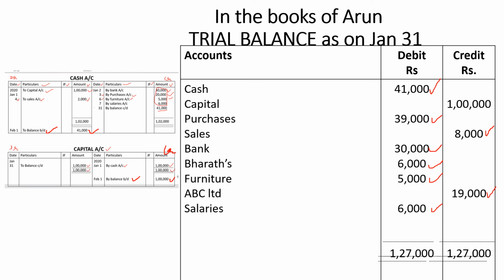So the trial balance debit column is equal to the credit column. So it is matching between the debit and credit columns. So here we have finished preparing the ledger accounts and trial balance for problem number 1.